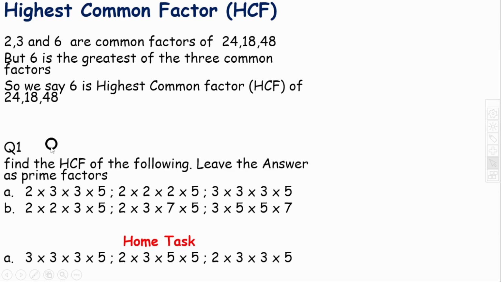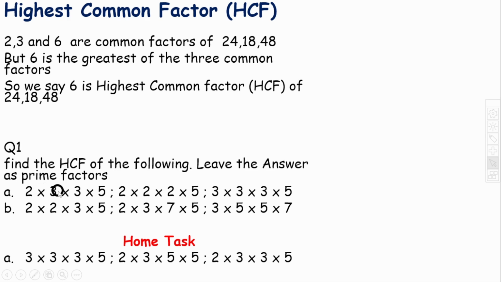Now let us try to work an example. First of all, I need to let you know 24 can be expressed as a product of its prime factors. Any number can be expressed in this form, a product of its prime factors.